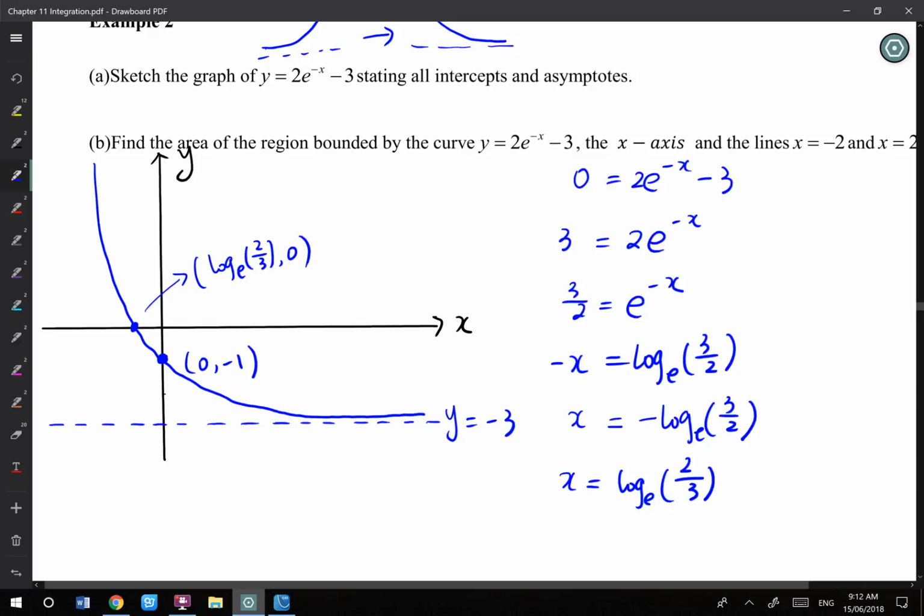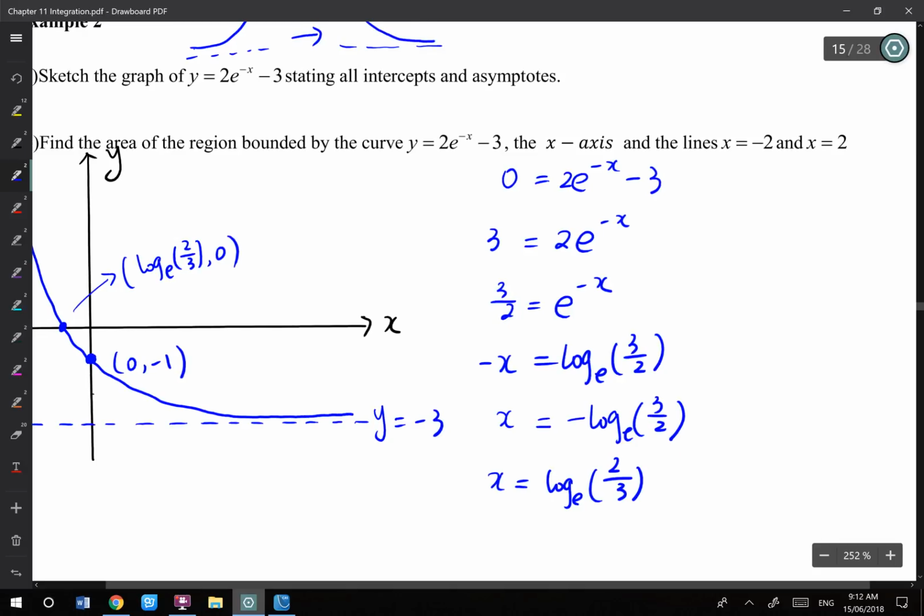Okay, you must know how to sketch exponentials. It's quite a helpful graph. The area: find the area of the region bound by the curve, the x-axis and the lines x equals -2 and x equals 2.